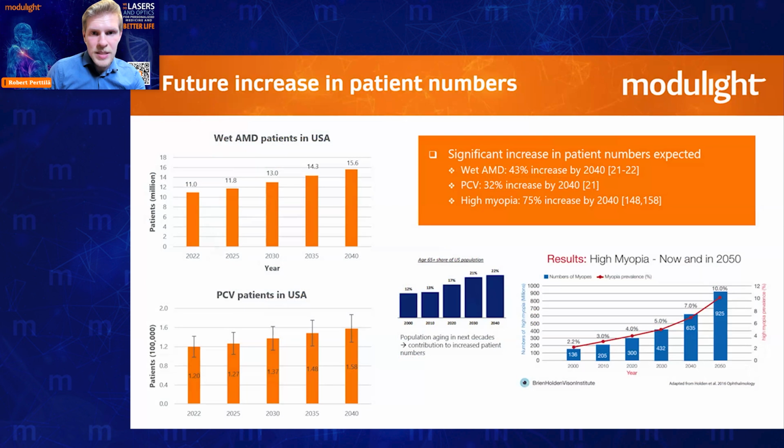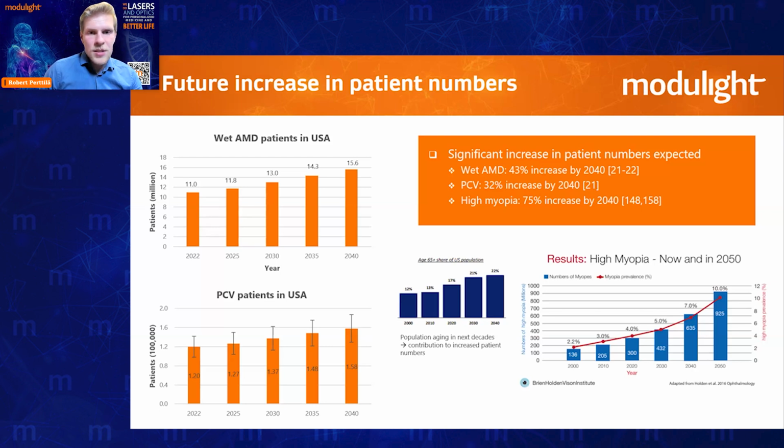Because patients get this condition when they are younger, they will more likely require treatment, and it more likely becomes pathological during the patient's lifetime. So for wet AMD, there is a 43% increase expected, and for PCV, a 32% increase. So there is definitely also an increased need for PDT and reducing the injections for an ever increasing number of patients.